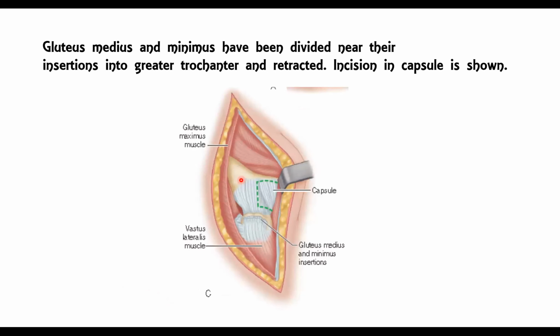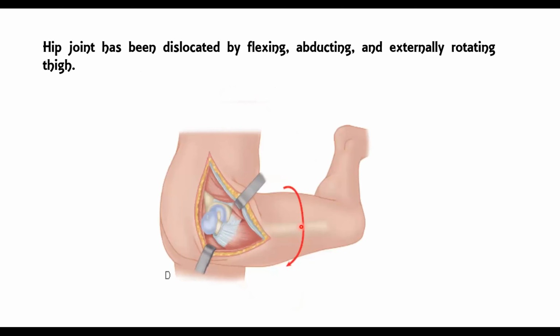Then you will see that medius and minimus have been divided near their insertions. Yes, this is the division. Okay. And retracted. You can see the capsule, the way of incising the capsule. Okay, then dislocated by doing flexion, abduction, and external rotation of the thigh.